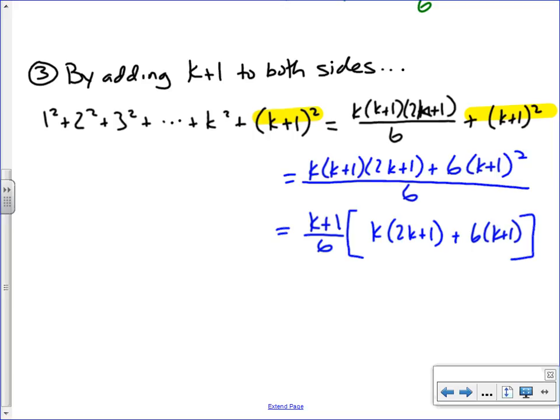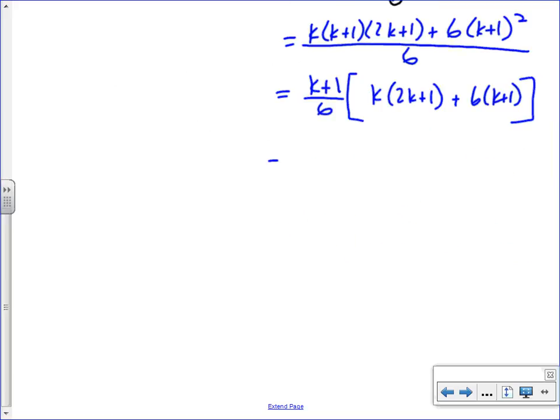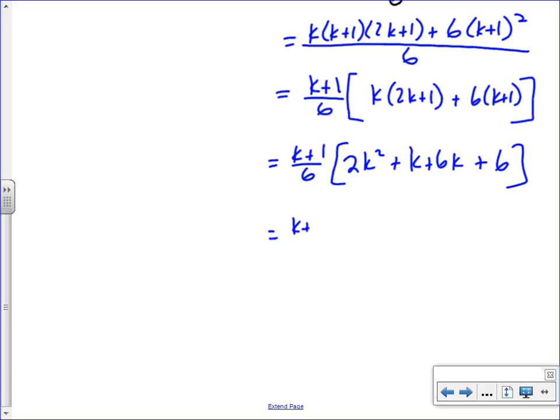If you were to simplify the inside, where your algebra comes in, you get 2k squared plus k plus 6k plus 6, which simplifies to (k plus 1) over 6 times (2k squared plus 7k plus 6).